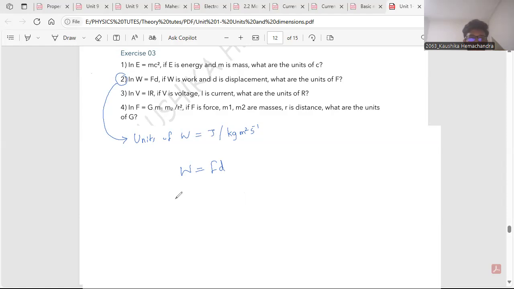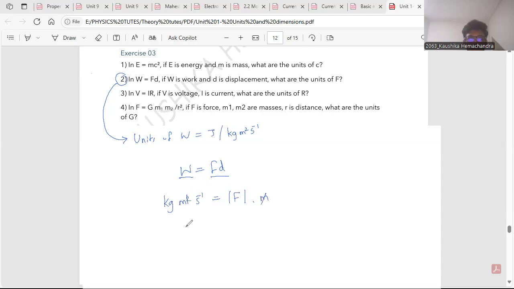Okay, so most of you have got it correctly. So units of W should be equal to the product of these two, no? So kg m squared s minus 1 is equal to the units of force, right? Times displacement, that is in meters. So meters squared and meters get cut.